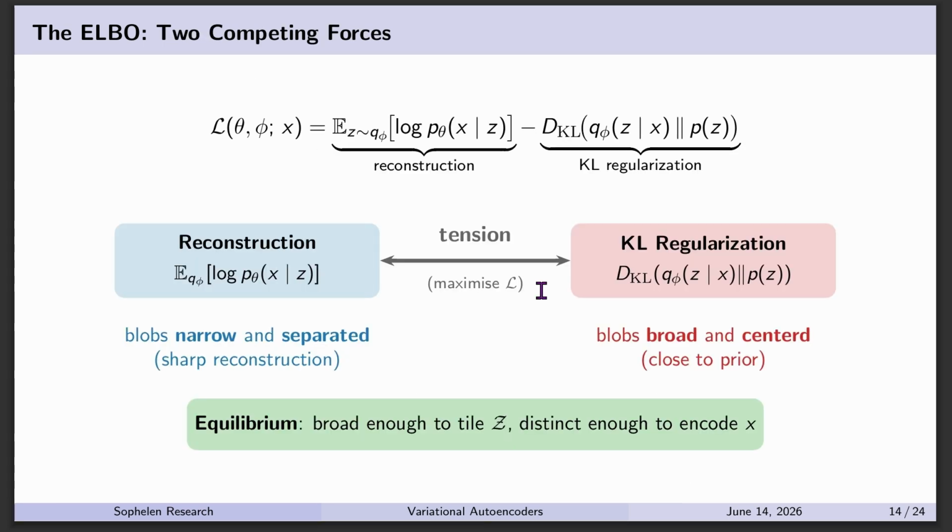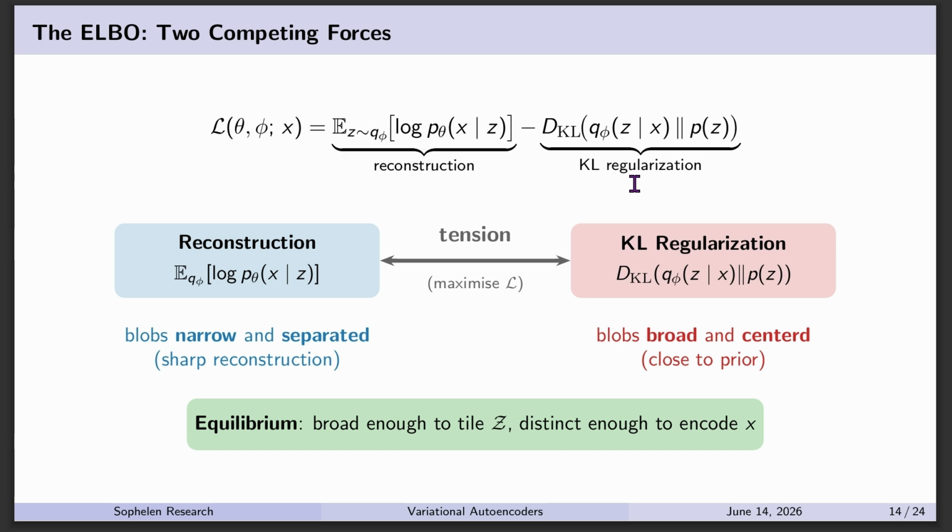There is a contention between two different forces inside the evidence lower bound. One force tries to make sure that each data point goes to something distinctive, so that we can reconstruct the points from the latent space.